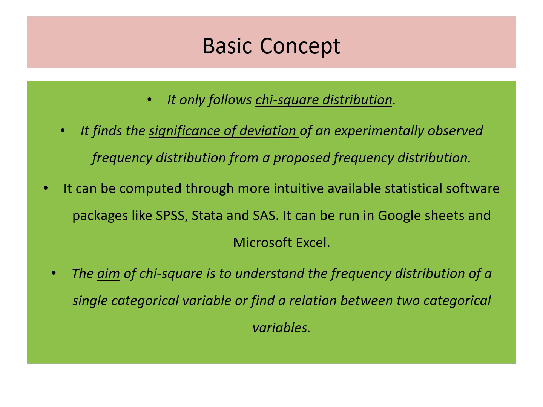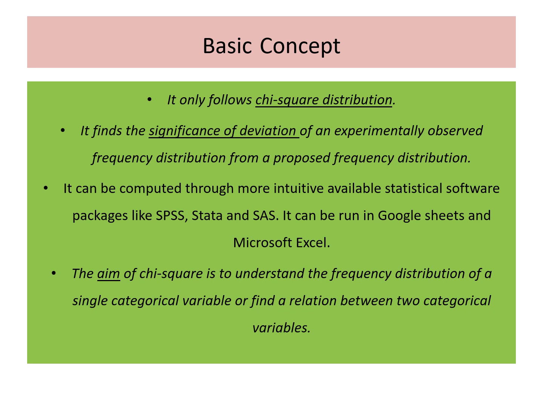In the next point, it finds the significance of deviation of an experimentally observed frequency distribution from a proposed frequency distribution. So the experimentally observed frequency distribution is generally represented in the formula with the FO symbol, and the proposed frequency distribution is the FE symbol as it is represented in the formula.